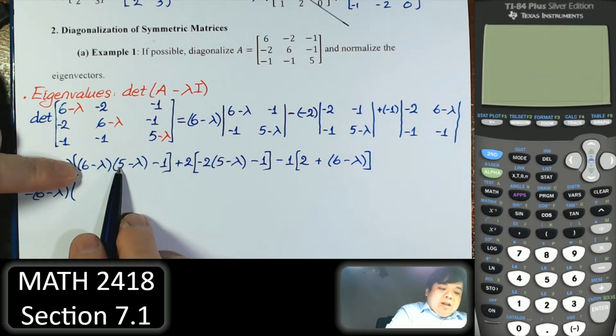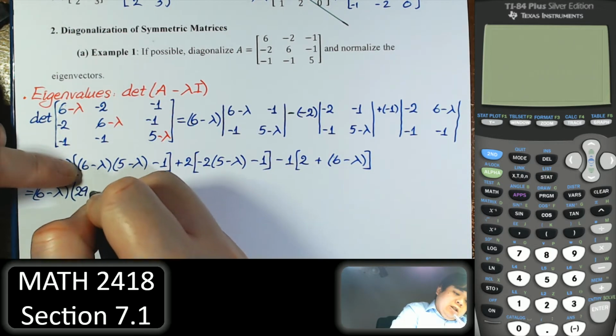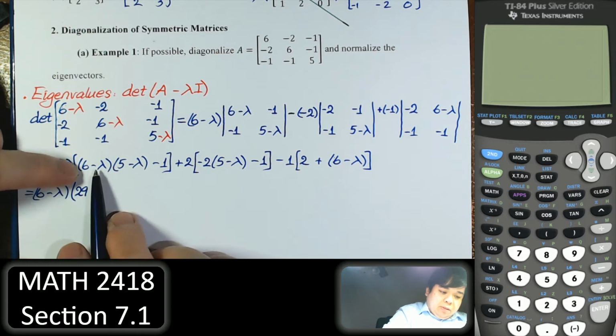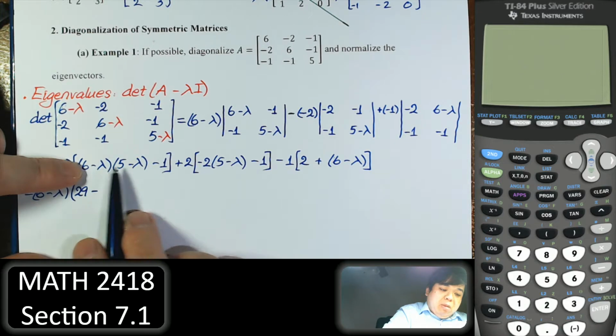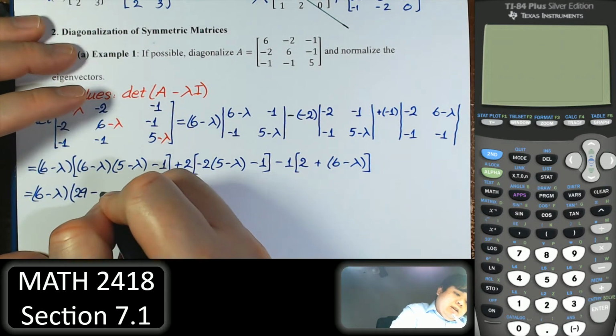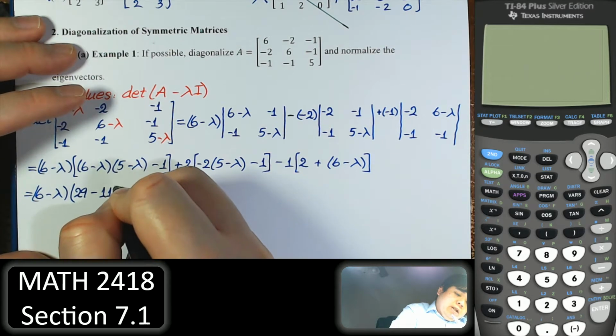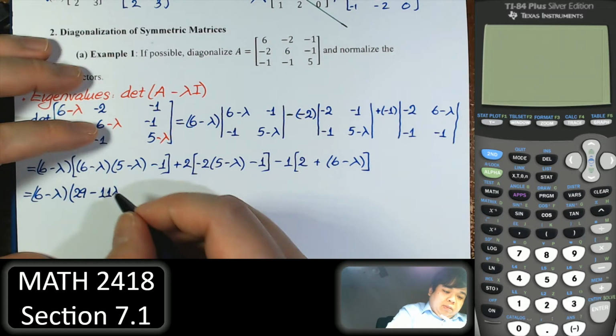Here we have 30 minus 1, that will be 29. Minus 5 lambda, minus 6 lambda, minus 5 lambda, that is minus 11 lambda, plus lambda squared.